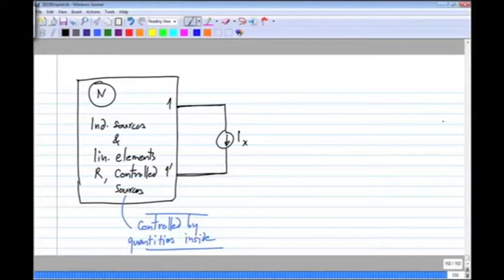Is this clear? The definition of the circuit I have. Now the voltage here will be of some form.